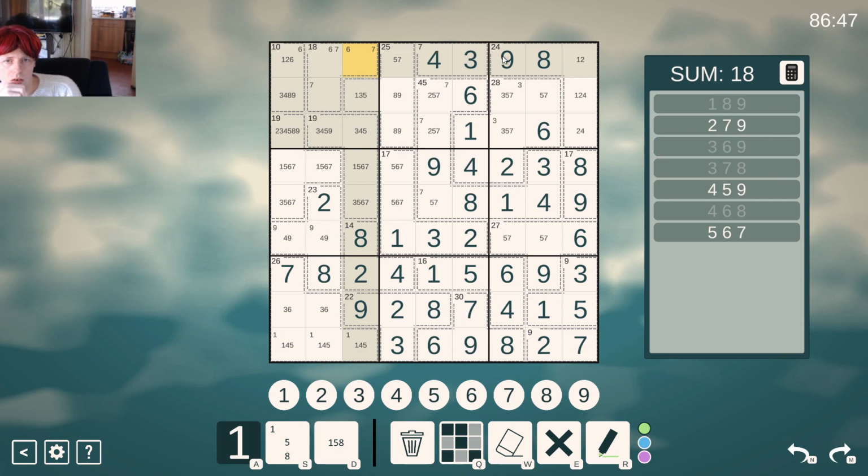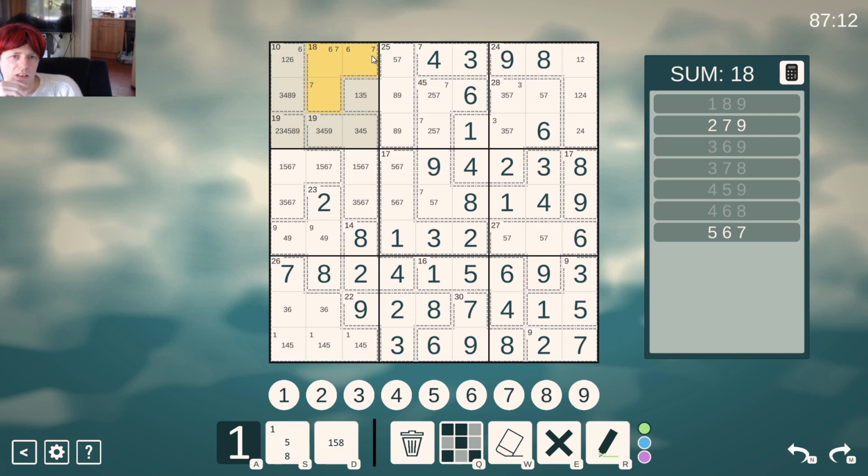It's 3 and 9. We can't have 4, 5 and 9. So it's either 5, 6 and 7 or it's 2, 7 and 9. Either way, 7's in there.